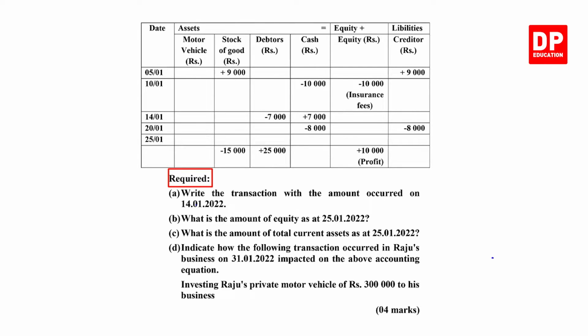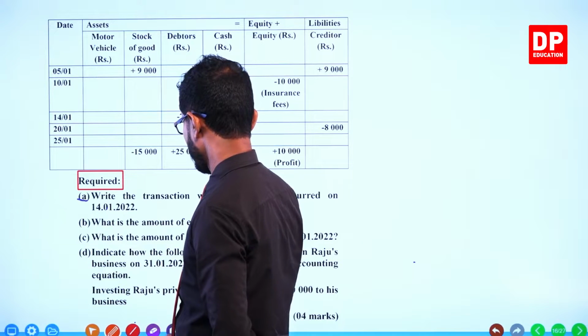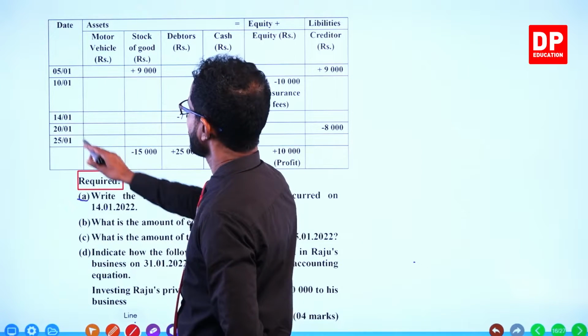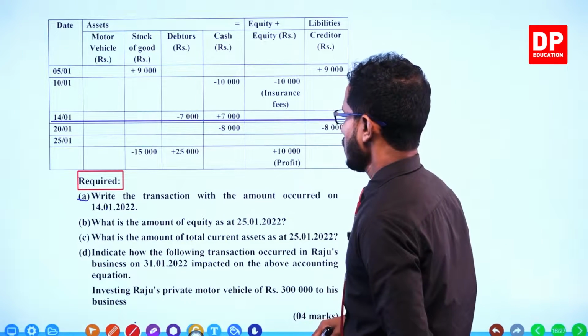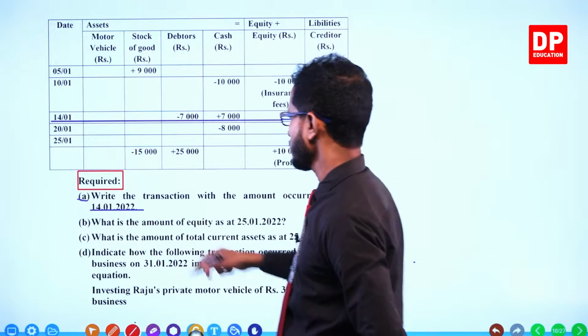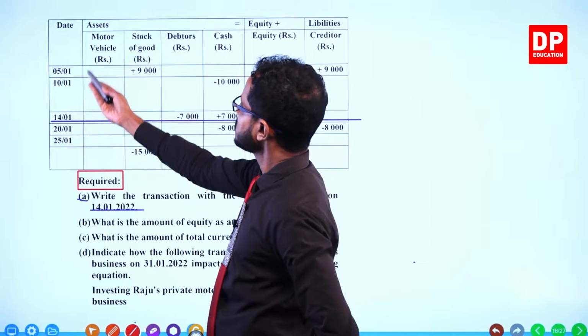First one, write the transaction with the amount occurred on 14th January. We're doing this one, and 14th January is this transaction. Okay, right. The amount.